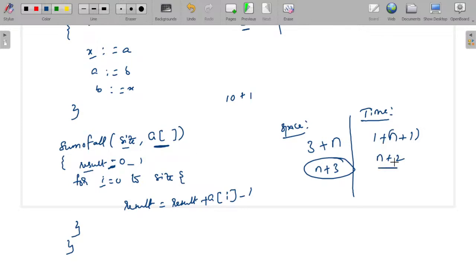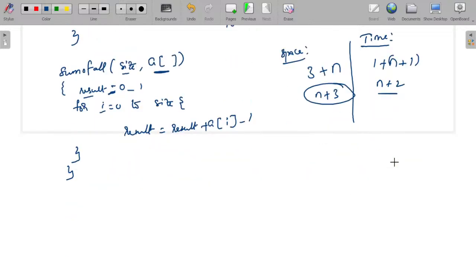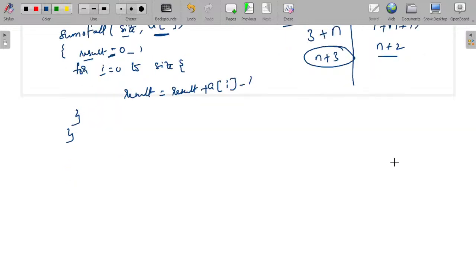Hope you understood how to find the time complexity and space complexity for any given algorithm. And let me just show you where we will end up with squared time complexity. For example, let us say I have to iterate through a matrix. How do you iterate through a matrix? For i equals 0, i less than or equals to n, and i plus plus.